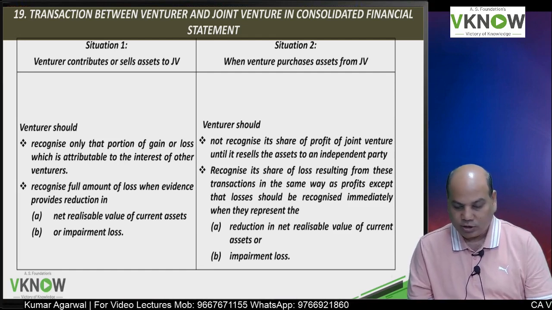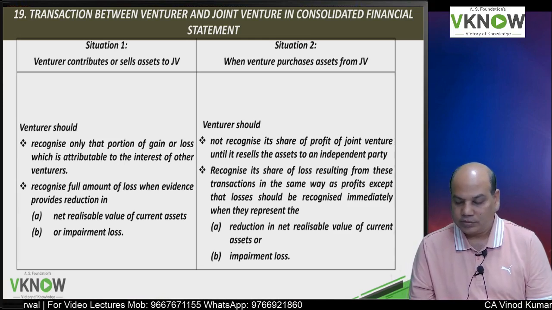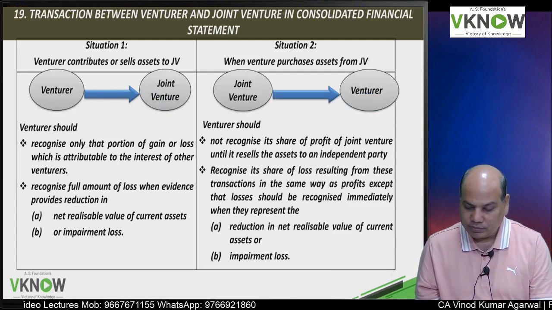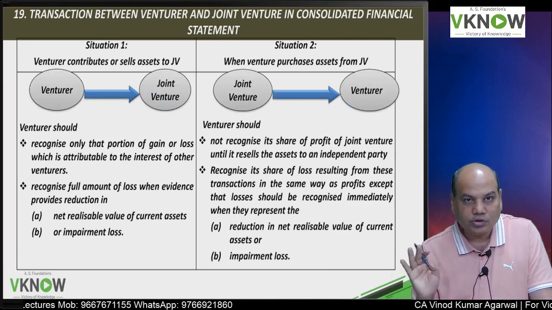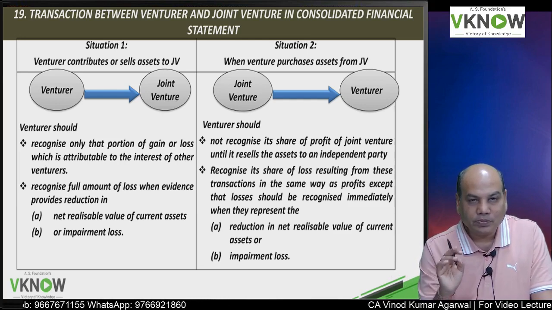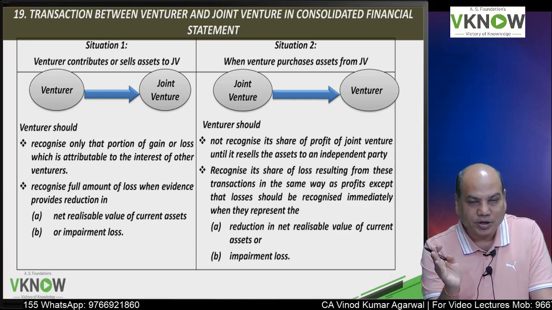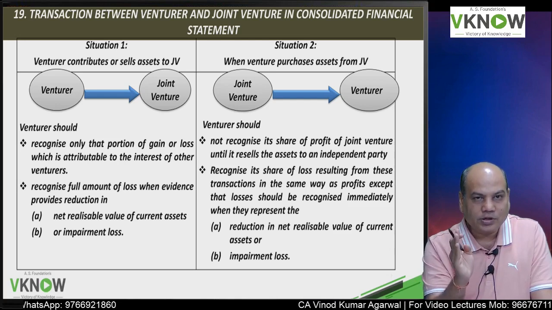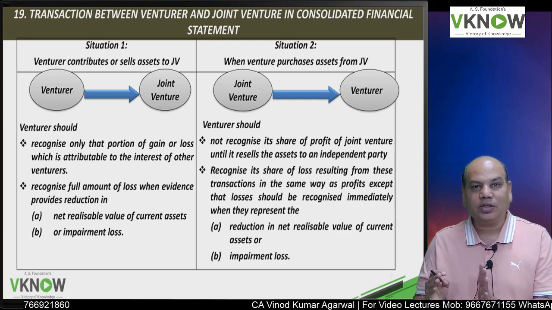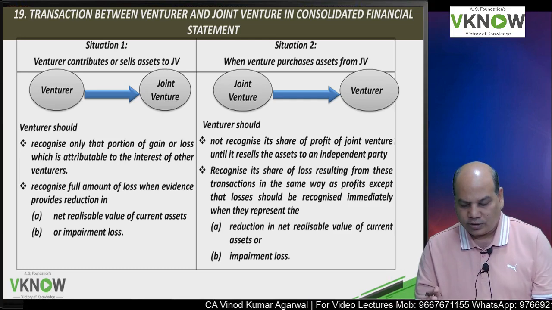Now the institute can ask you this paragraph: transactions between venturer and joint venture in a consolidated financial statement. There can be transactions between venturer and joint venture. This we have also covered in AS21 and AS23, where transactions between parent and subsidiary are covered in AS21, transactions between investor and associate are covered in AS23, and similarly there can be transactions between the venturer and the joint venture.